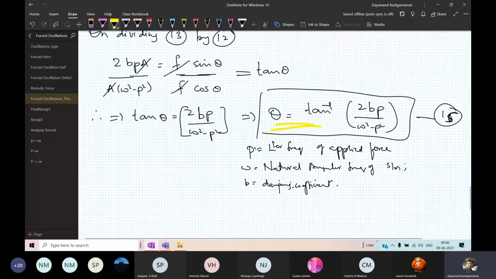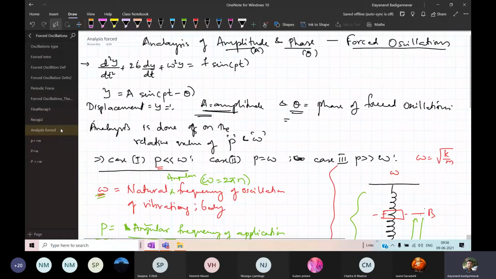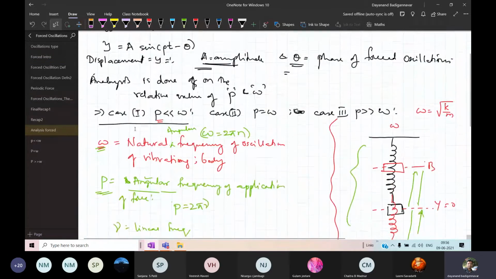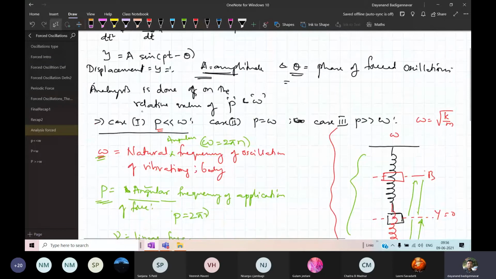This is the derivation and analysis we did in the last class, based on the relative values of p and omega: p less than omega, p equal to omega, p greater than omega.